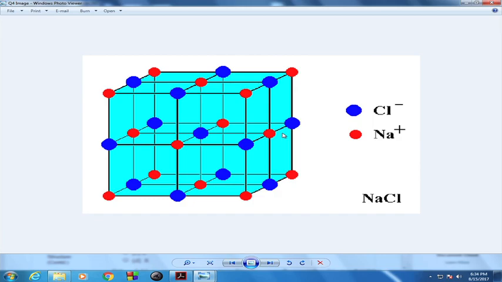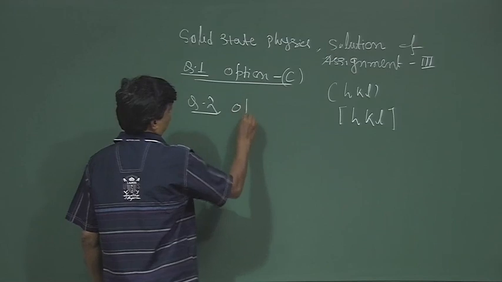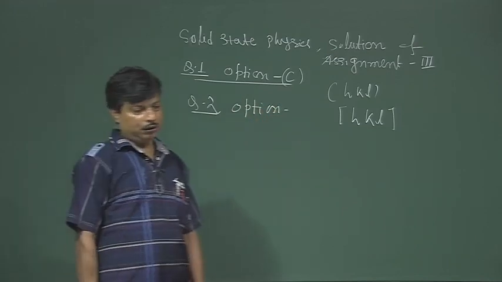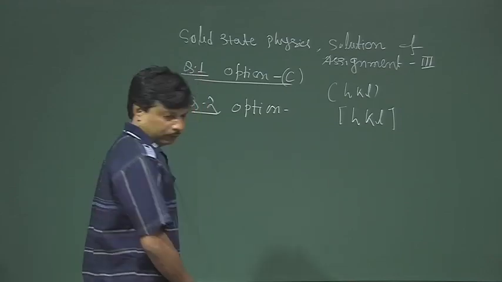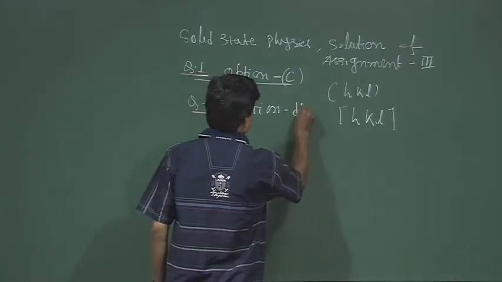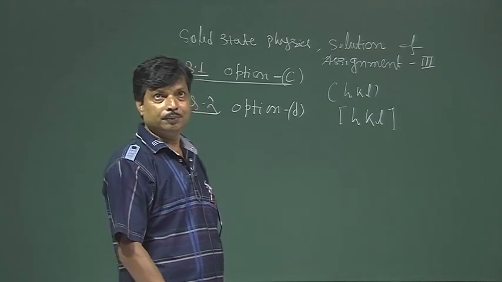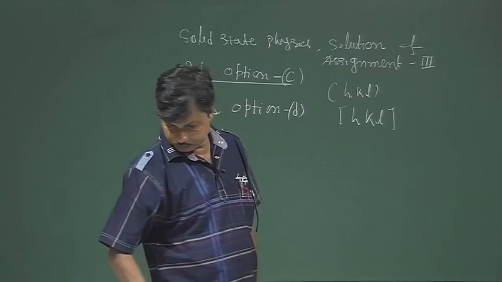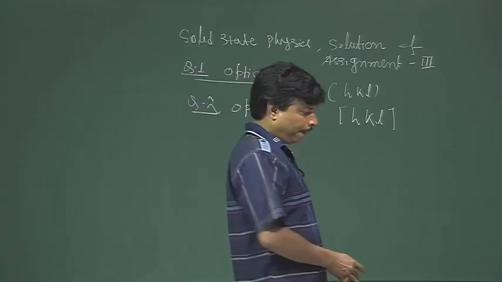So, question 2, which option is correct? It is option D, the FCC lattice with 2 atoms basis. This is the answer for question 2.